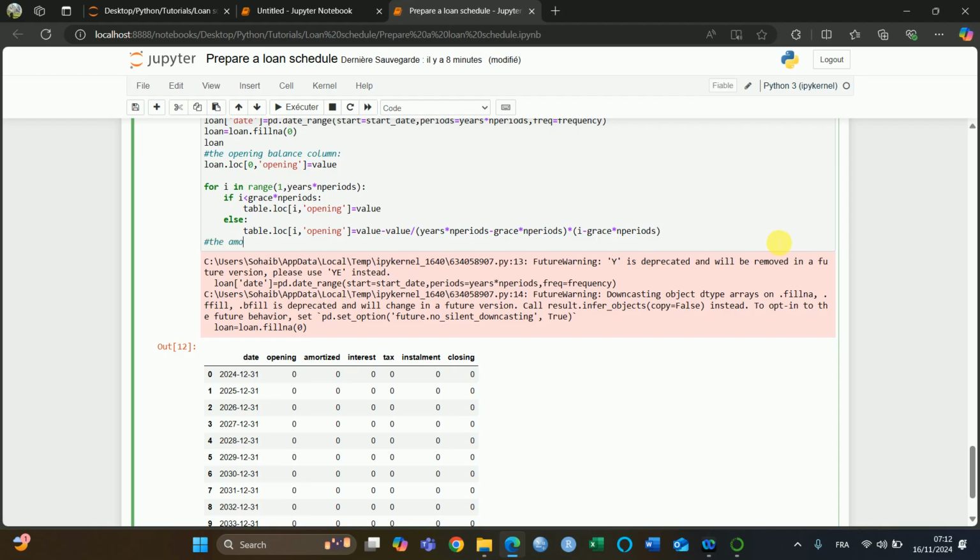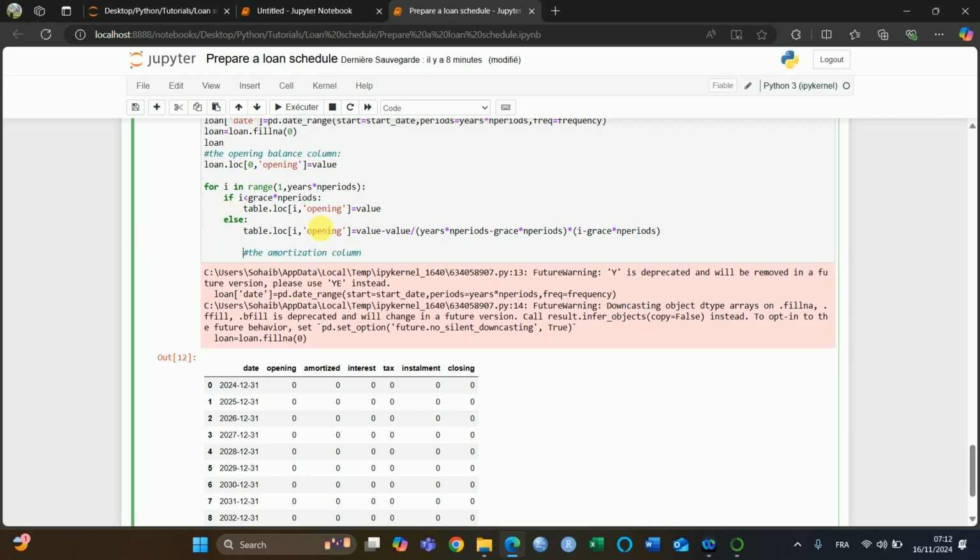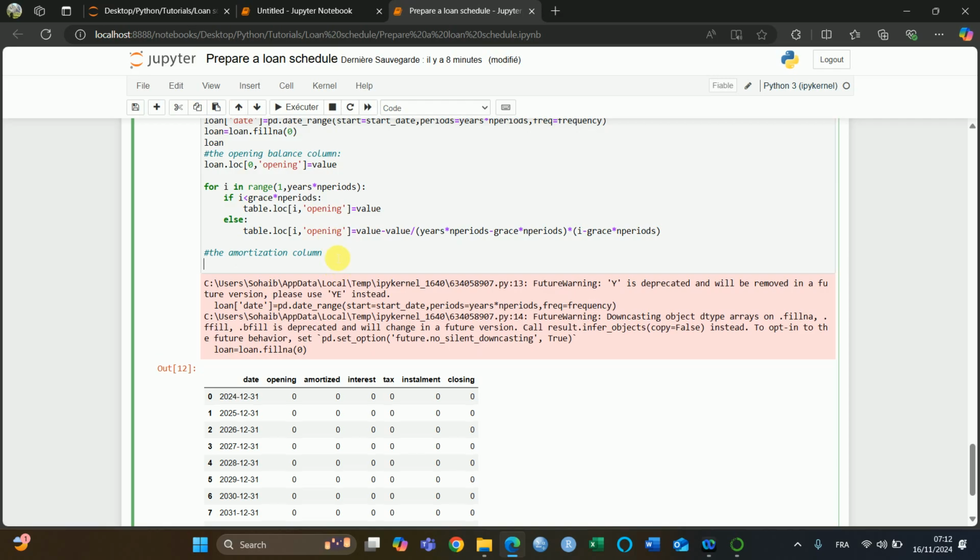Next, the amortization column, which is linked to the previous code. So we write for g in range of grace multiplied by n periods until the end. So from the end of the grace period until the end.